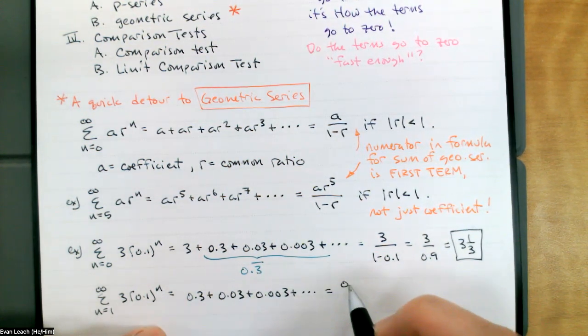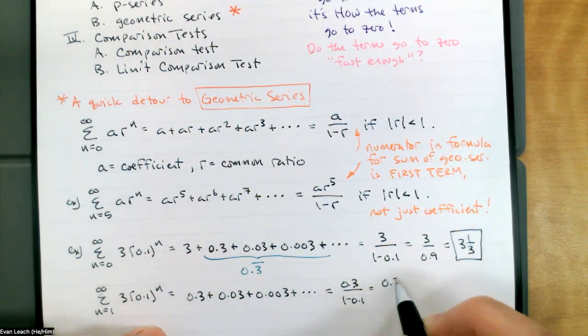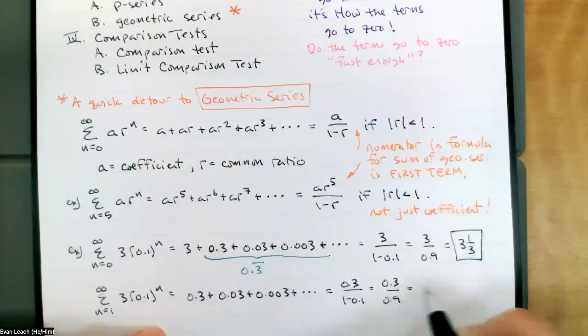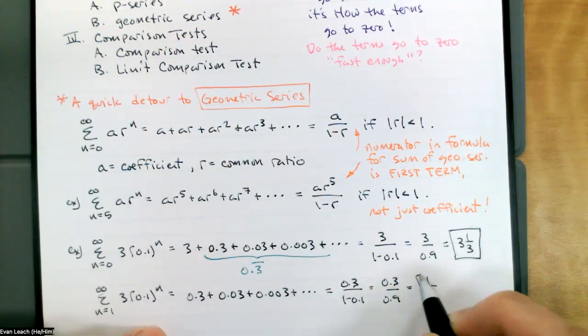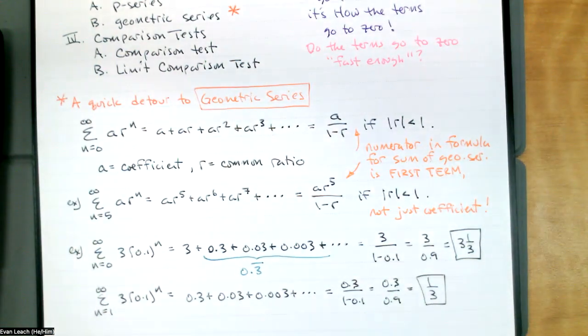So now that the first term is 0.3 over 1 minus 0.1, 0.3 divided by 0.9 is just the 1/3. So where the series starts is not a concern as far as convergence versus divergence, but it is a concern as far as the sum of the series. So in our formula for the sum of the series, the A represents the first term, not just the coefficient.